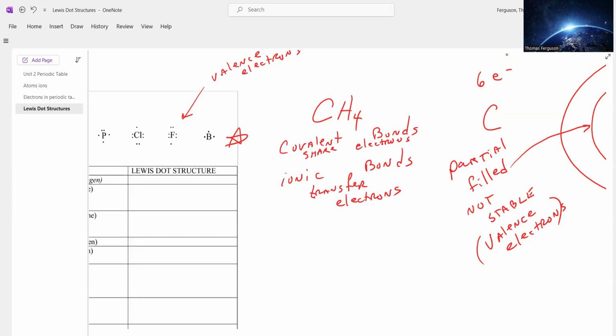So the concept is the same. Remember, the ion has either an extra electron or it's missing an electron or 2 or 3. Okay, so methane is a covalent compound. And when we get into naming, I'm going to show you how to tell the difference between ionic and covalent. It's a real easy test.